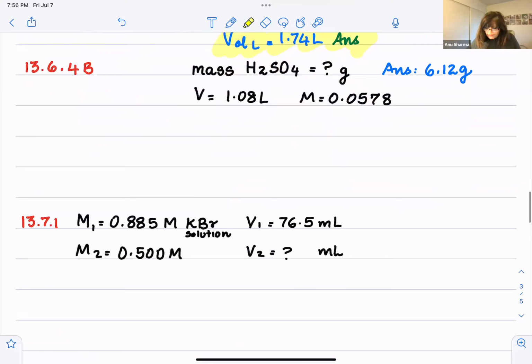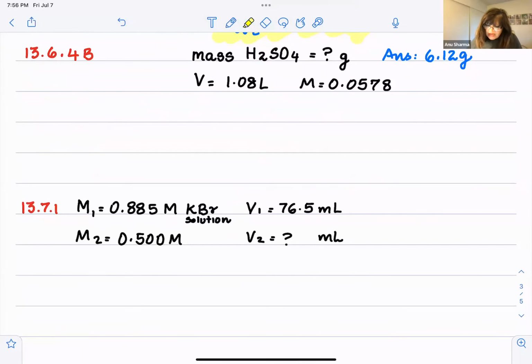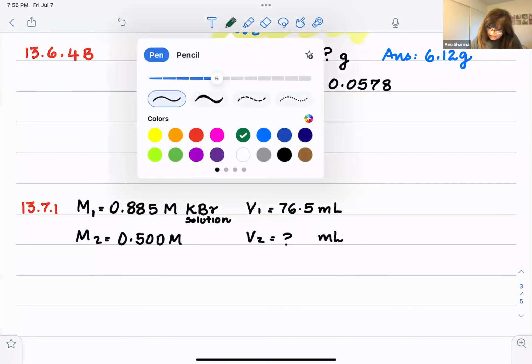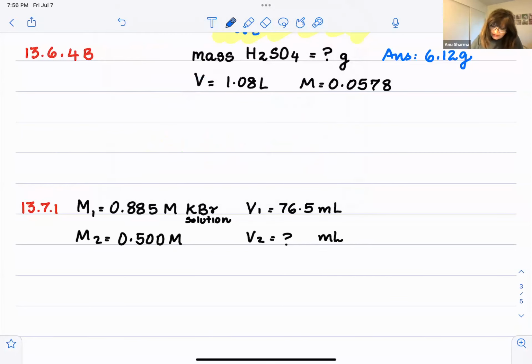Okay, next is you're given the volume and the molarity, and you need to find the mass. So what is the strategy? We know molarity is equal to moles over the volume in liters.